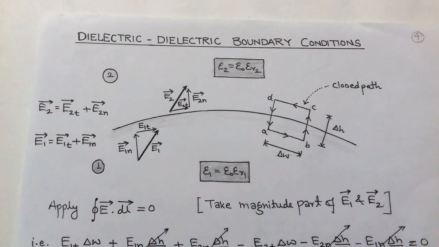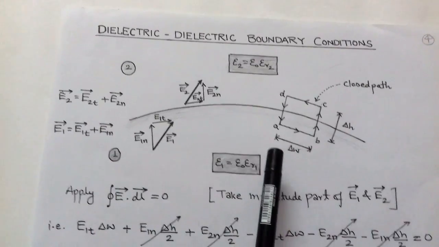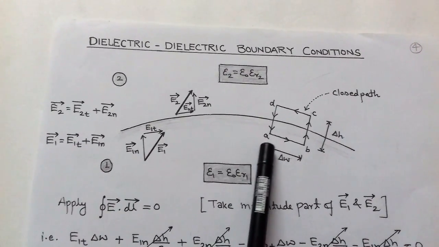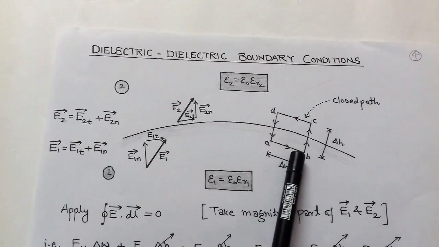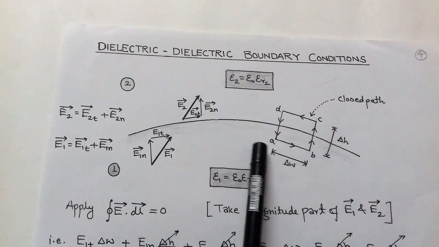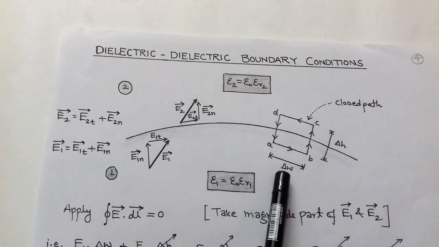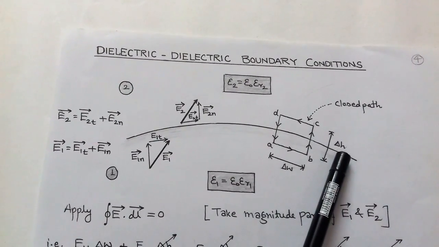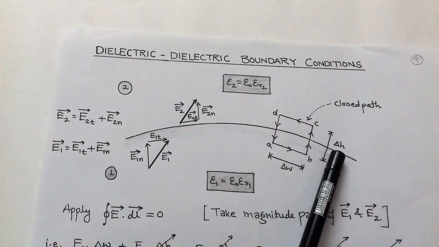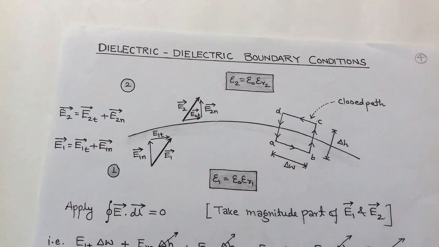Now we name the path A, B, C and D. So this closed path is divided into four paths: first is AB, second BC, third CD, and fourth DA. This closed path has dimensions, delta W width and delta H height. So we give this arrangement here.